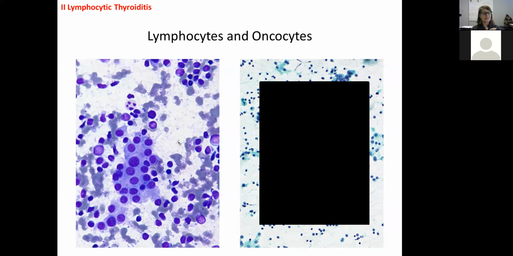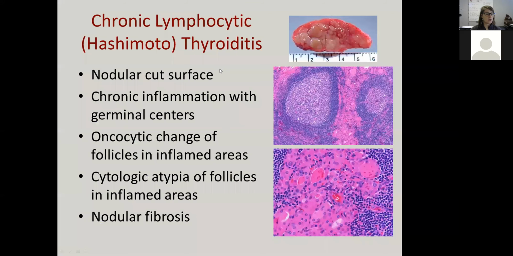However, this combination of oncocytic change and lymphocytic thyroiditis is quite suggestive of just a benign Hashimoto's rather than an actual lesion. Taking everything into consideration, especially if this is a multinodular thyroid or a patient with known Hashimoto's, we may be sampling one of these dominant nodules in Hashimoto's. These have nodular cut surfaces, tons of chronic inflammation seen here in blue with germinal centers, and the follicles undergo so-called oncocytic change in response to the inflammation.